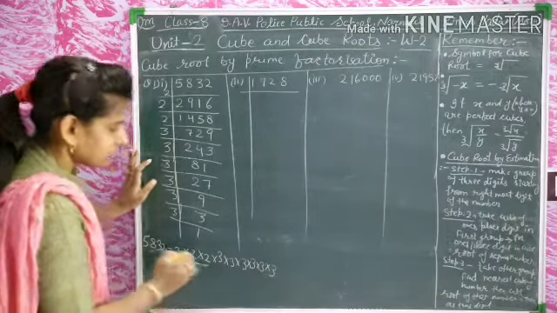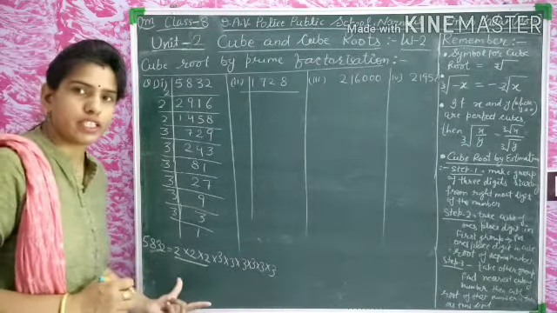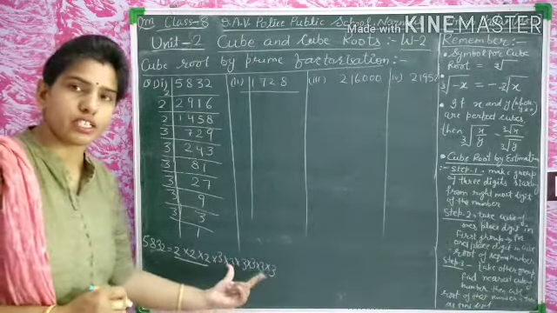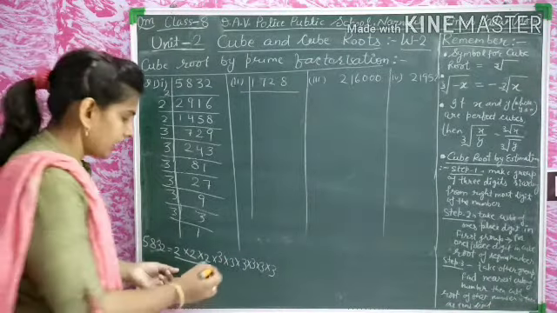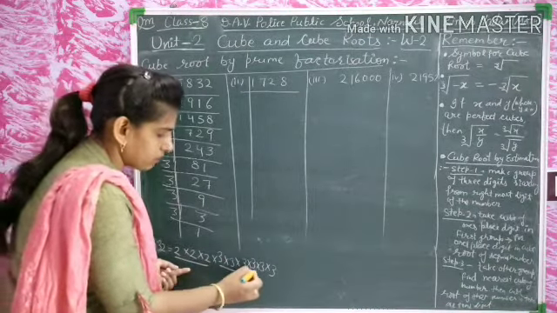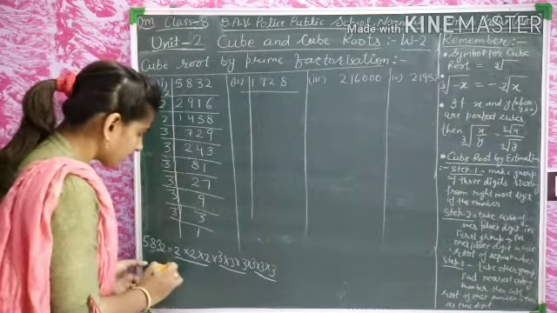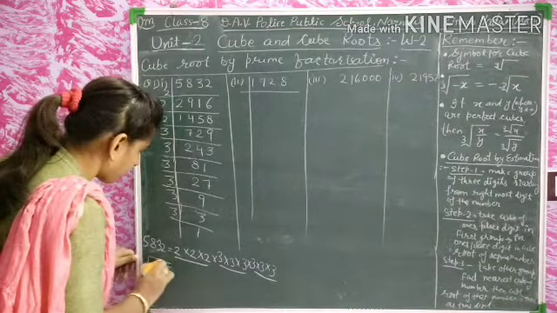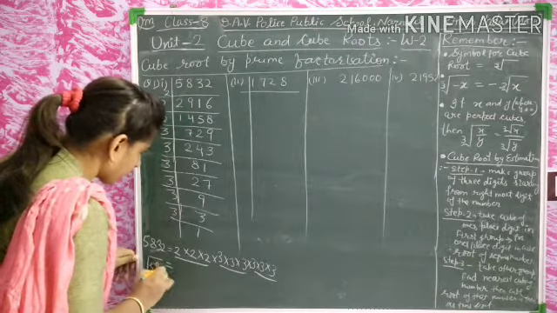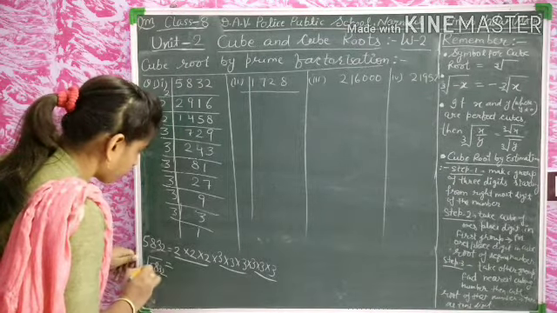In the next step we make triplets of the same number. This is one triplet, this is one triplet, this is one triplet here. Now we take one number from every triplet, so we will find the cube root.